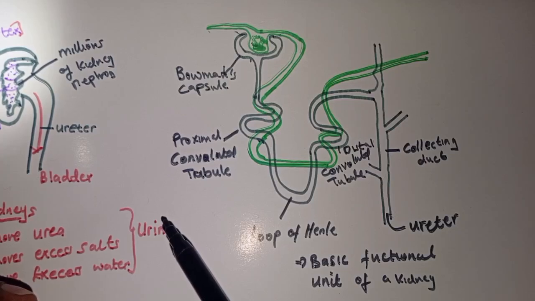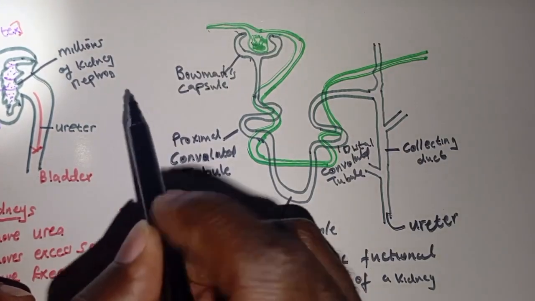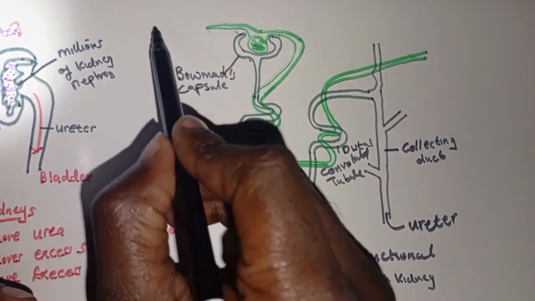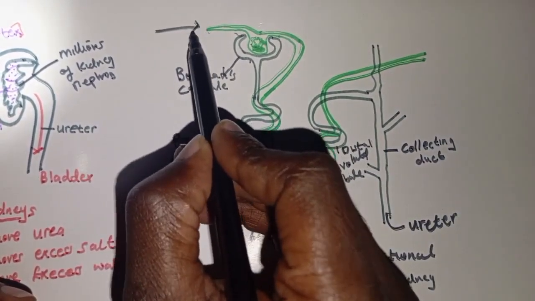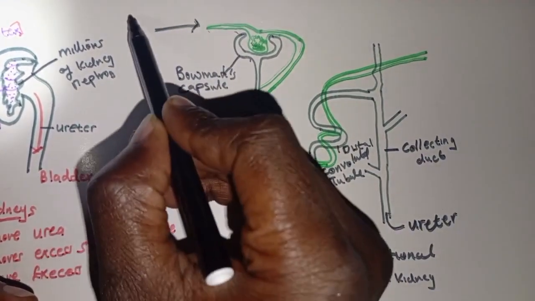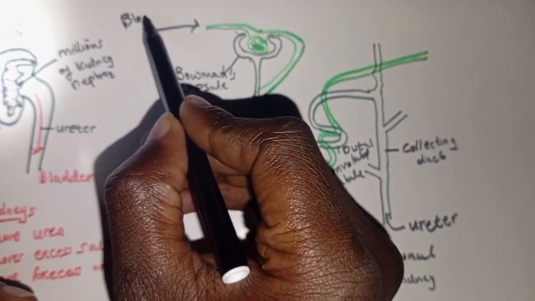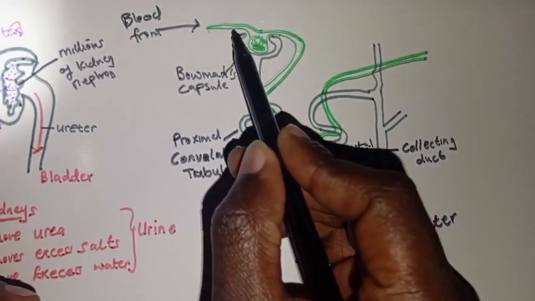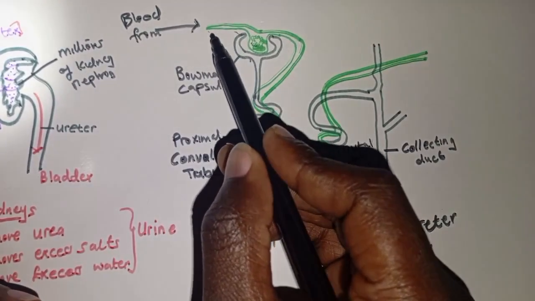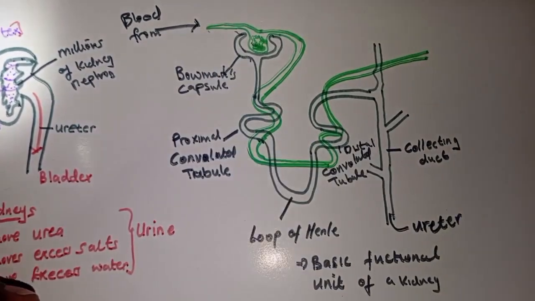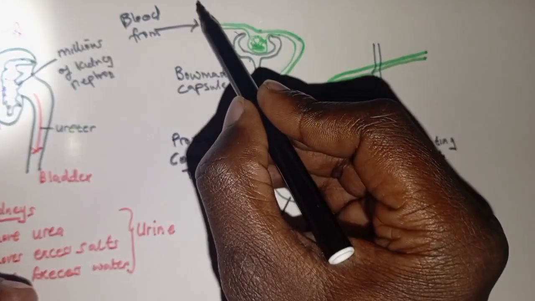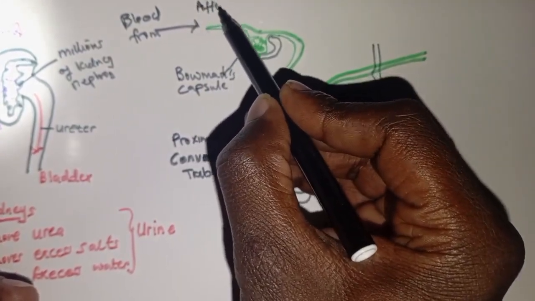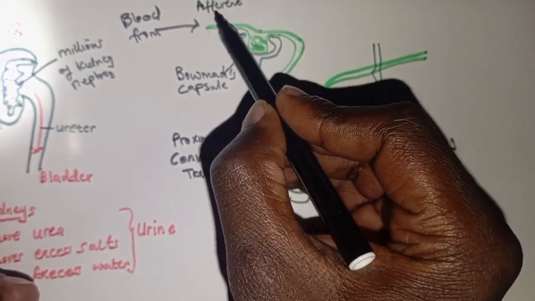okay, the Bowman's capsule. So now you have this that I've shown in green. This represents where blood comes from. So this is the artery part, where blood comes from, and it is called the afferent end.